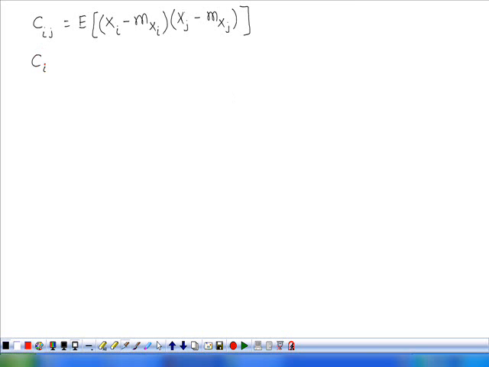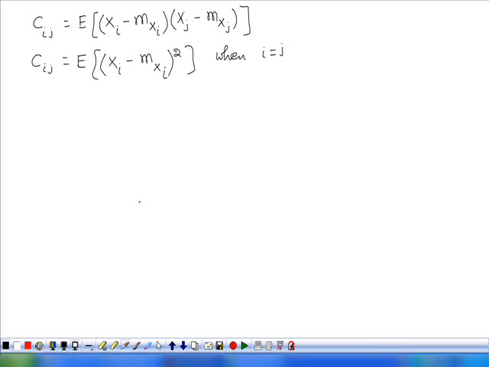Here you can write Cij is equivalent to the expectation of xi minus mxi whole square, when i is equivalent to j. Is it right?